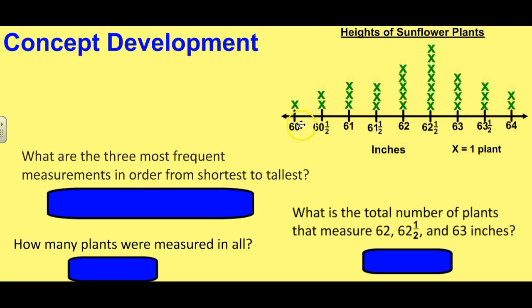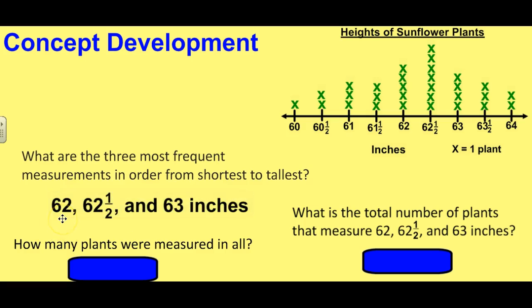And we know that down here at 60, this is the shortest measurement, and when we go up here to 64, that's the tallest measurement. So you're just writing it down like it would be on the line plot. You're going from left to right because that's going from shortest to tallest. So once you get those 3 measurements written down on your piece of paper for this first question, push play when you're ready to check it.